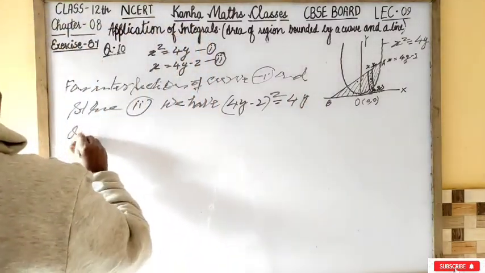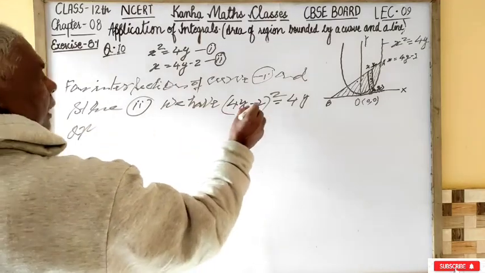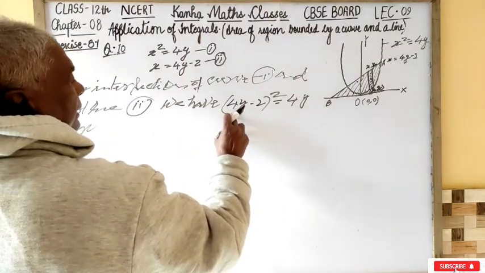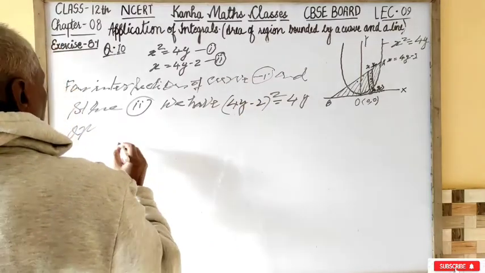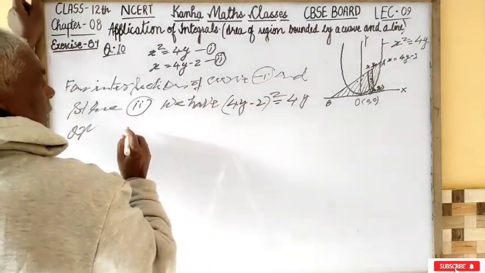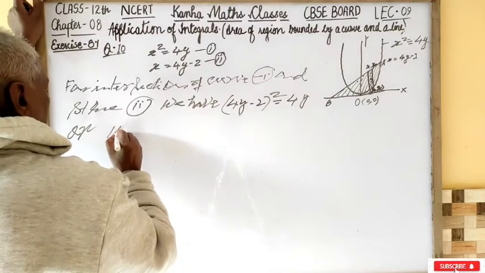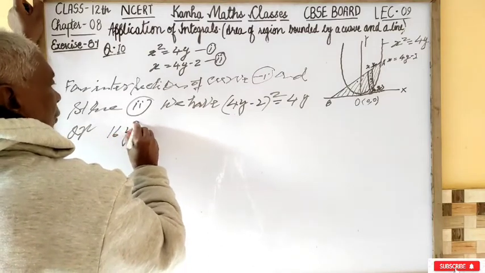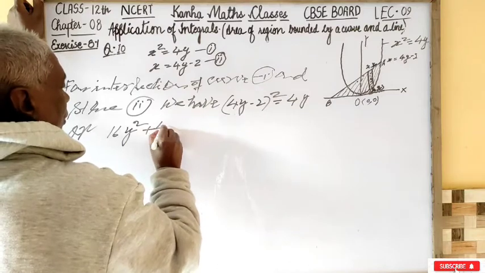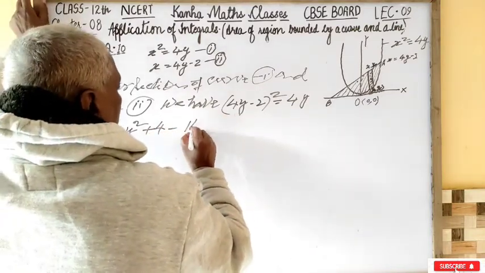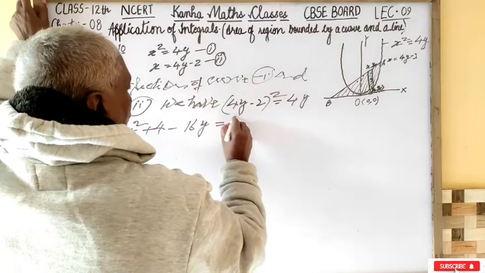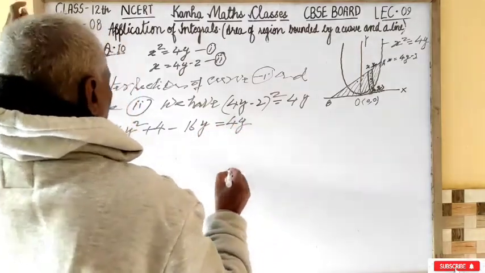That is, 4y minus 2 whole square. Using a minus b whole square is a square plus b square minus 2ab, that is 4y whole square, means 16y square plus 4 minus 16y, is equal to 4y.